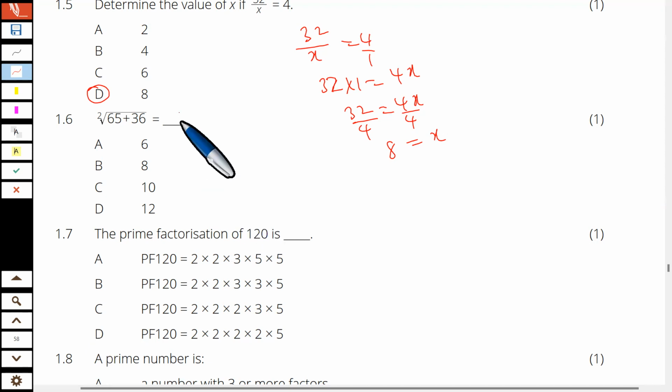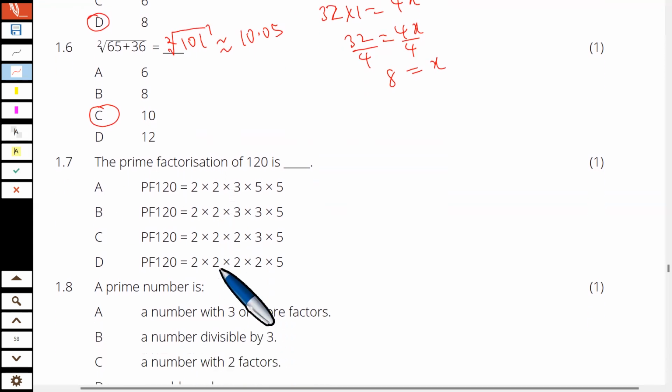You're done. Okay, you add 65 and 36, you get 101. And you just need to get the square root of that. The square root of 101 is approximately 10.05. So the answer will be C.